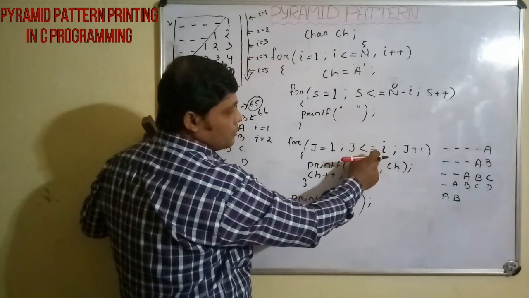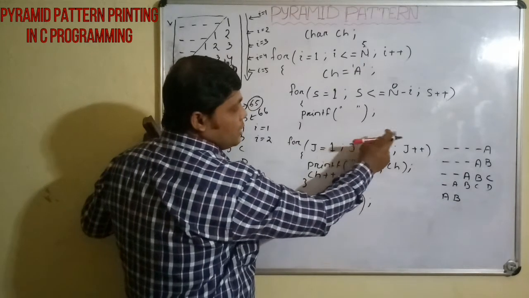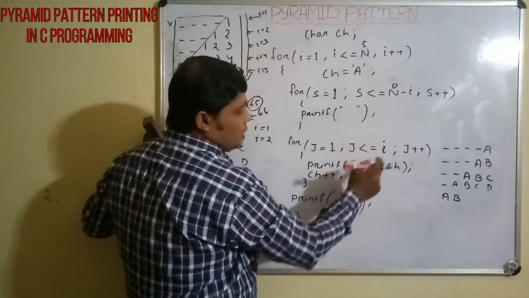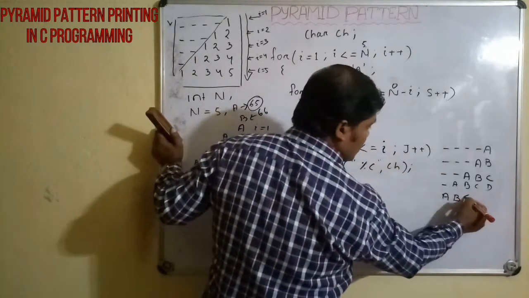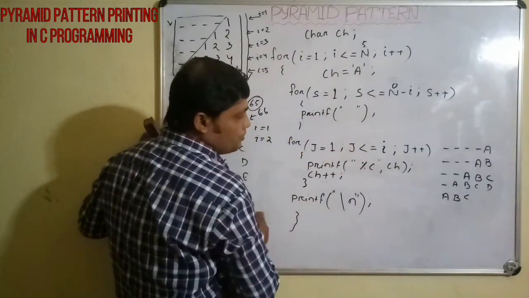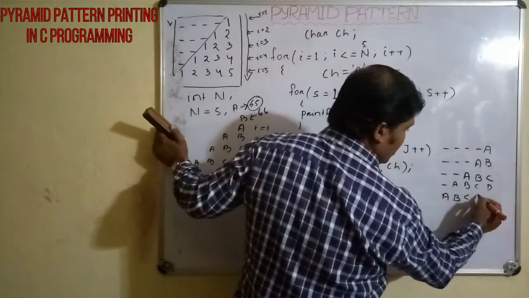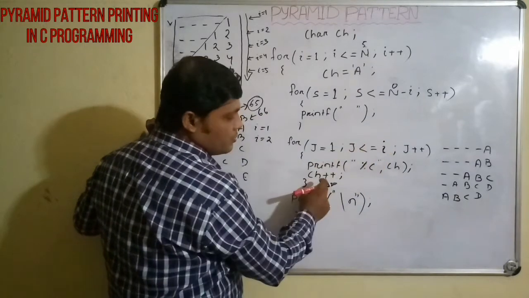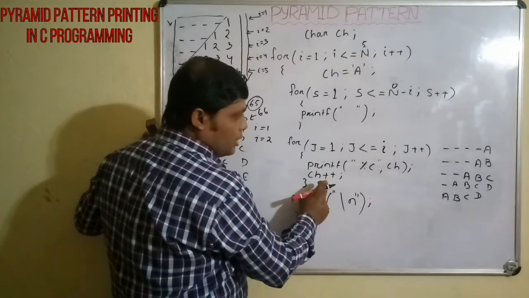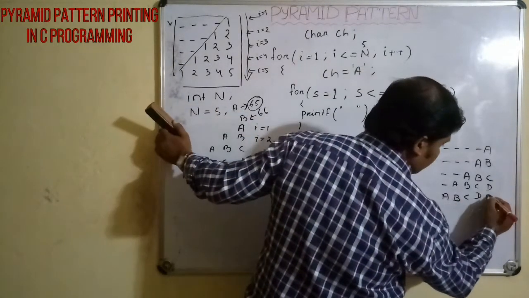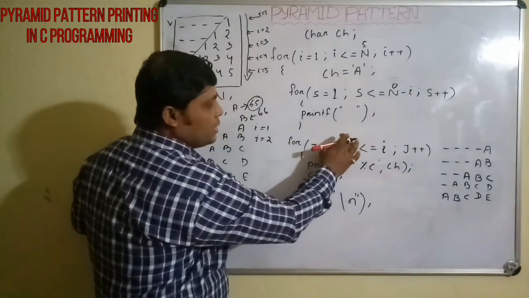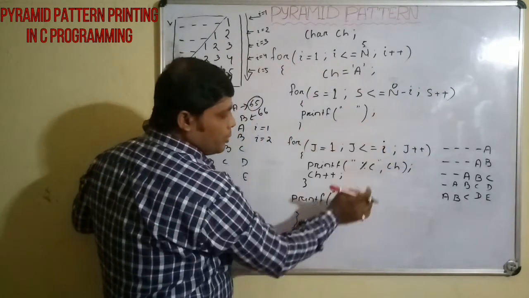Then when J value is 3. Clear? 3 less than equal to what? I value 5. 3 less than equal to 5. It will print C. When J value is 4, CH value will be D. So it will print D. When J value is 5, CH value will be E. So it will print E. When J value is 6, 6 less than equal to 5, condition false.